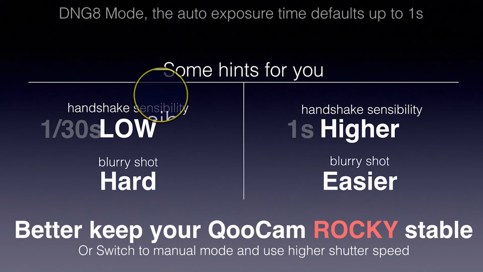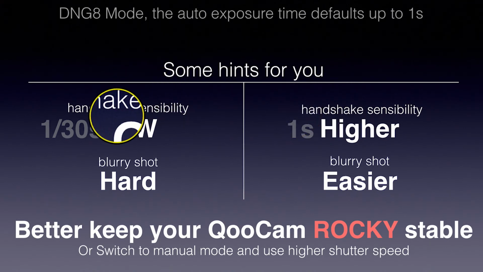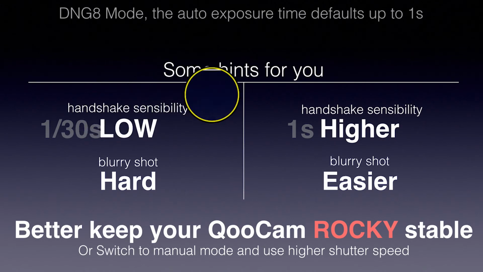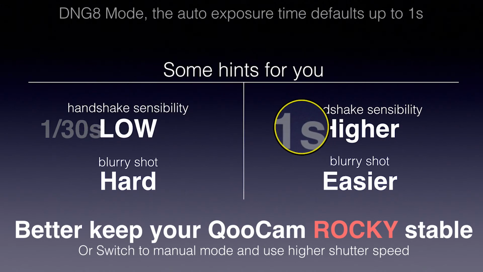So for handshake sensitivity, before this upgrade, the sensitivity is very low because it's 30 seconds. You can easily achieve clear and sharp shots. But after that, the exposure limit has been changed to 1 second, which is very sensitive to handshake. You cannot use handheld in a super dark situation.